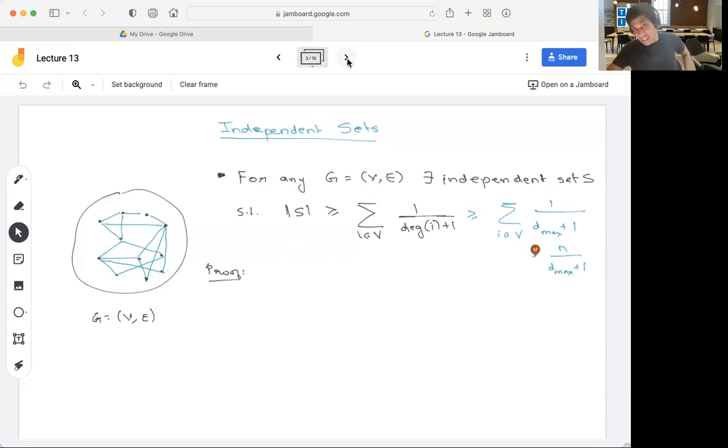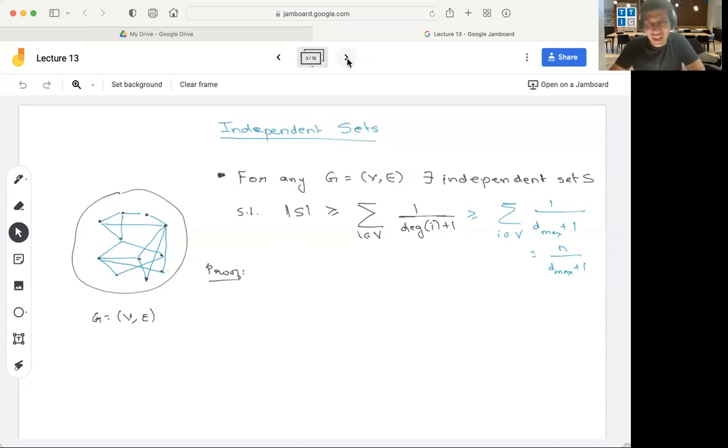But it can potentially be better. So if there are some vertices with a very small degree and some vertices with large degree, this bound still gives us a very interesting value. The vertices with small degrees don't have to pay for the ones with very large degrees. And this we will show using the probabilistic method, that a large independent set of this particular size exists.